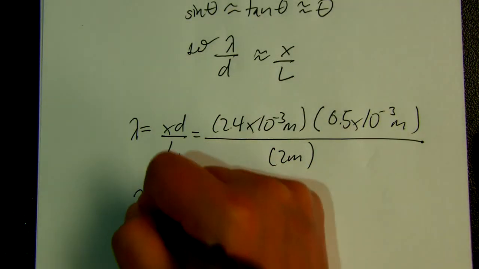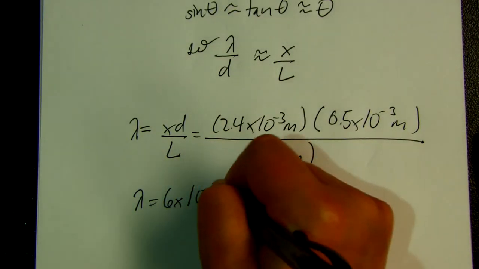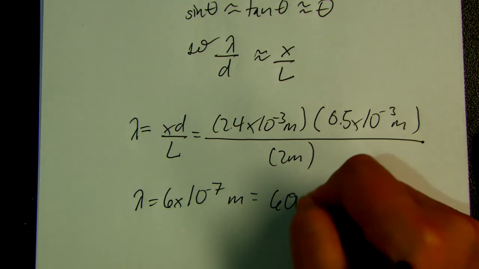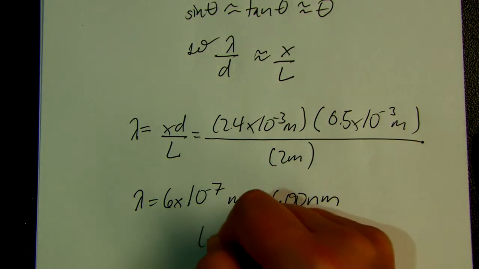And you get that lambda is equal to 6 times 10 to the minus 7 meters, which is equal to 600 nanometers of light, which is red light.